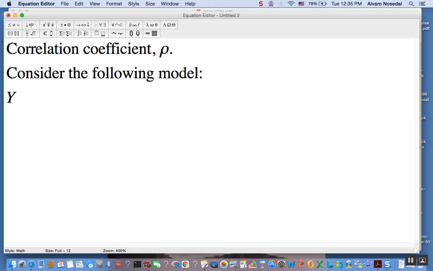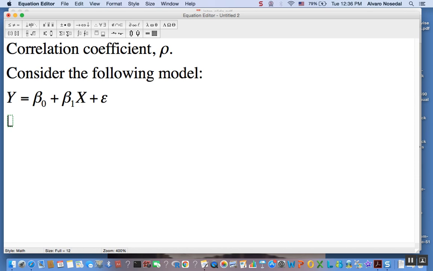So we have y, a random variable, we have beta 0, we have beta 1, we have x, and epsilon.